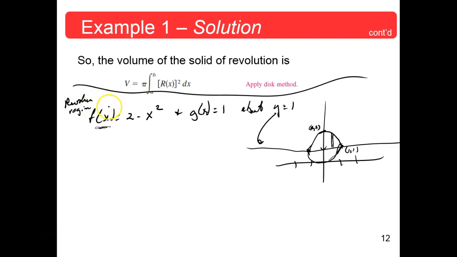Yes. That is 2 minus x squared minus 1, right? This is what they're calling the R of x. What would that be? 1 minus x squared. That's the height. And your thickness, of course, is dx, approaching 0.